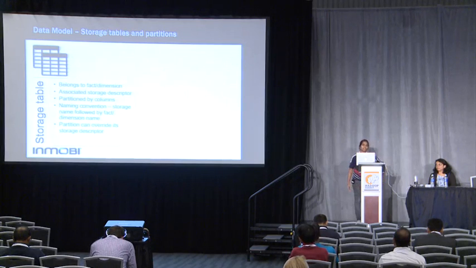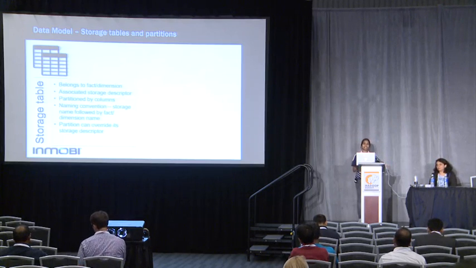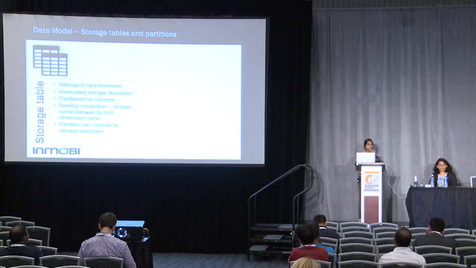So a storage table is the final physical storage table, which can be either a fact table or a dimension table. So this will have the final storage descriptor. The fact table or dimension table are still logical tables, what we have seen. So there you will only specify the schema and you will not say how it is stored.